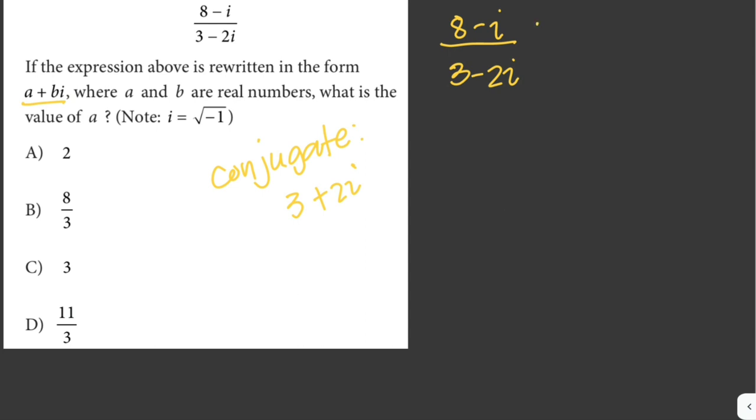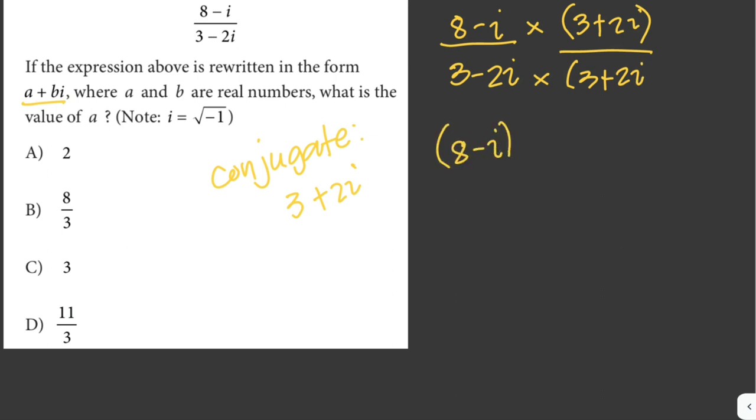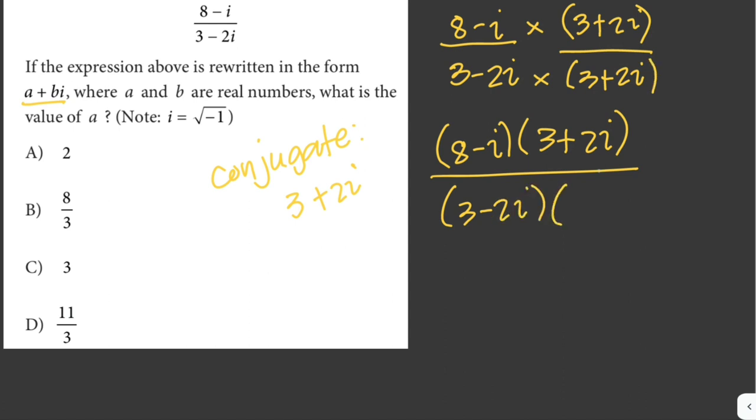So we multiply this by 3 plus 2i, and then 3 plus 2i. So that would be (8 minus i) times (3 plus 2i) over (3 minus 2i) times (3 plus 2i).